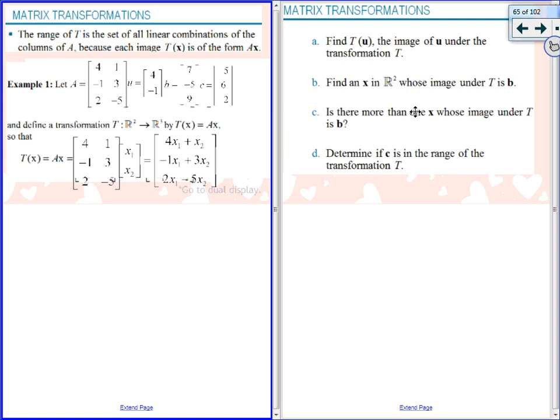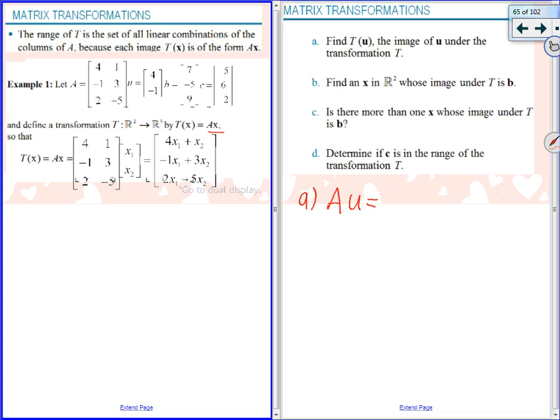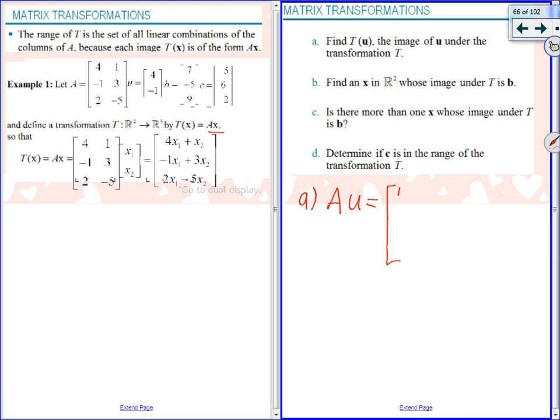that this asks is find TU, which is the image of U under the transformation T. So TU is achieved by multiplying A times U, because T is defined by multiplying A times X. So A is 4, 1, negative 1, 3, 2, negative 5, and U is 4, negative 1.